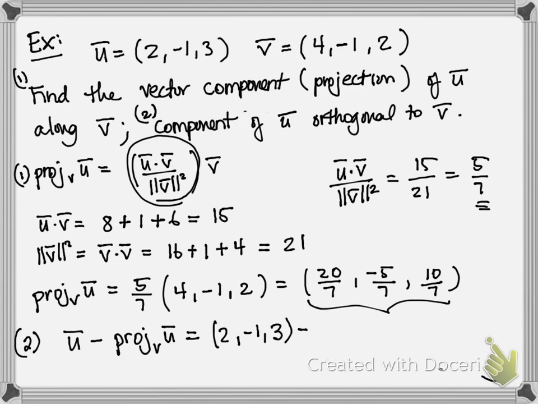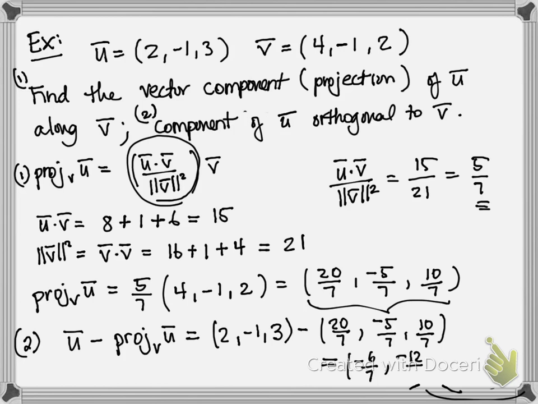Okay, and I've done this ahead of time, and if I didn't make any calculation error, this should just be -6/7, -12/7, 11/7.